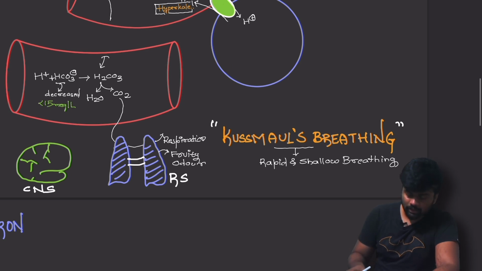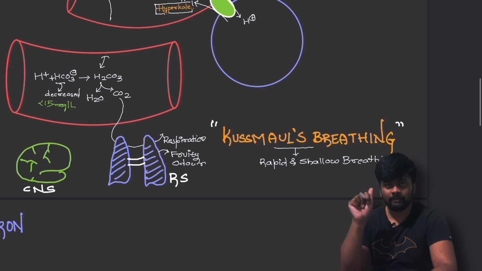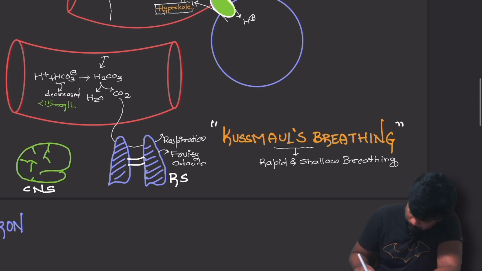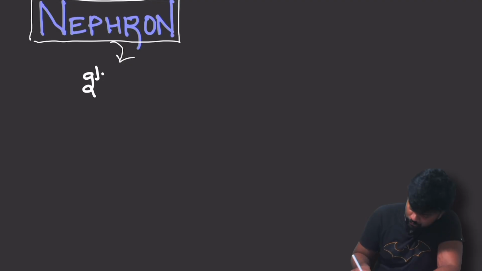Now let us study the effects of this diabetic ketoacidosis in the nephron. Whenever glucose is increased, it enters the nephron.